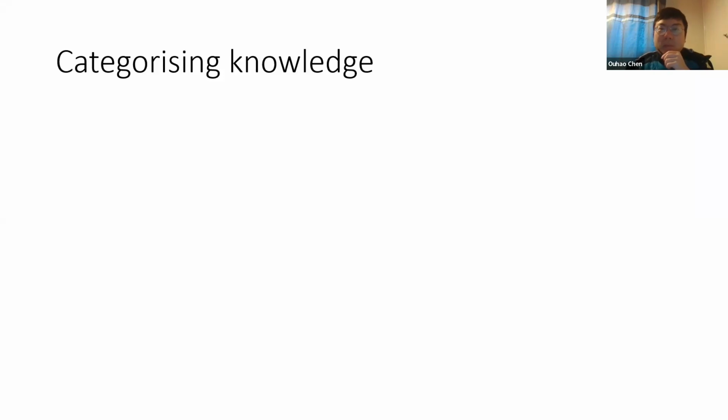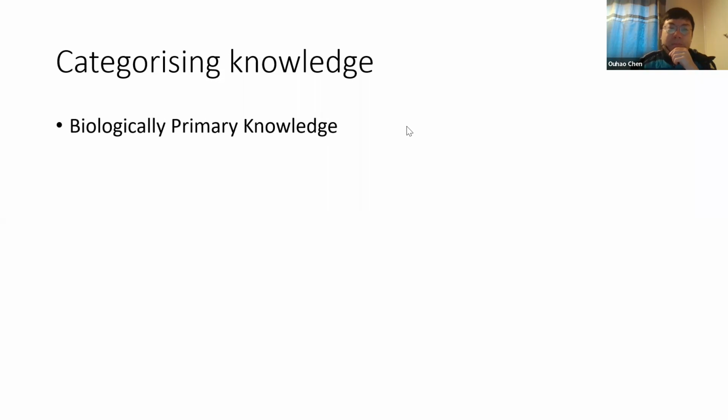So now I'm going to introduce knowledge categorization and why we need to categorize knowledge before our teaching. In cognitive load theory, we categorize knowledge into biological primary knowledge and biological secondary knowledge.